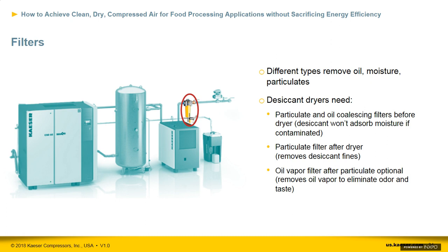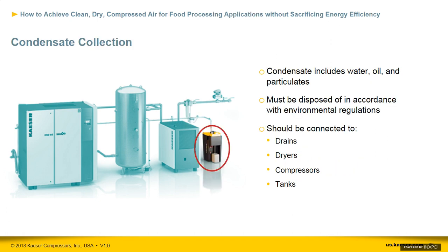At the very end, there's also point of use filtration, which Neil mentioned earlier, typically consisting of particulate, liquid coalescing filters, and sometimes also sterile filters. We're not going into those, as those are part of your hazard or risk analysis, which you have to do for each point of use of compressed air.